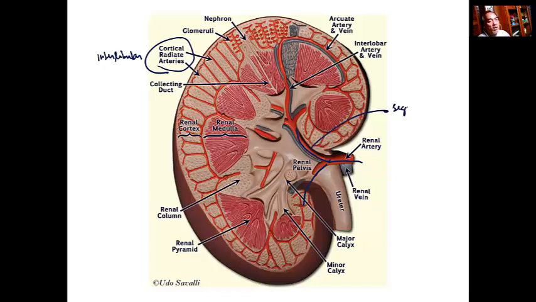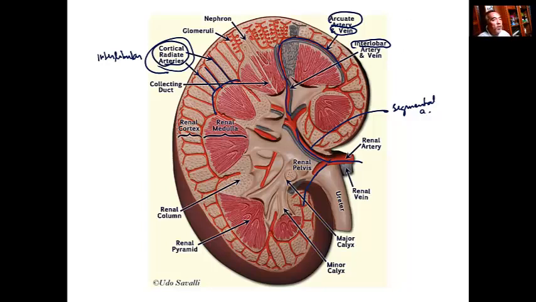This is your segmental artery. After segmental, it goes in between the pyramids. That is your interlobar artery and vein. Then it becomes an arc, called the arcuate artery and vein. After the arc, it becomes what we use in our labels, the cortical radiate artery.